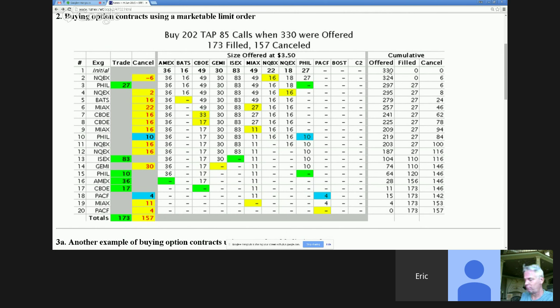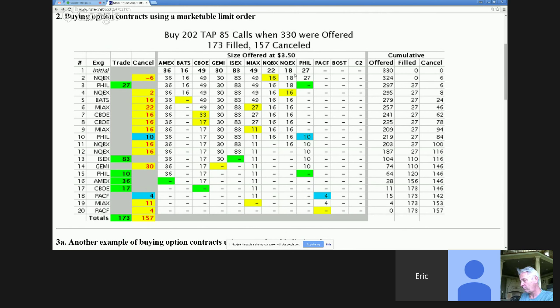And he ends up getting 173 of those. 157 of them were canceled. Now, this is not an egregious case. This is a typical case. And when we look at what happened here, there ended up being 20 events, all within the same millisecond or two.